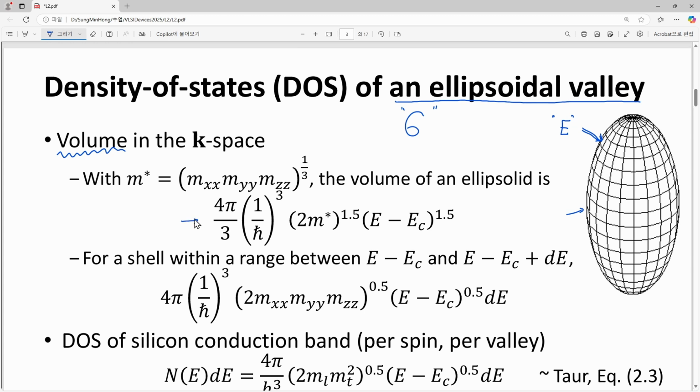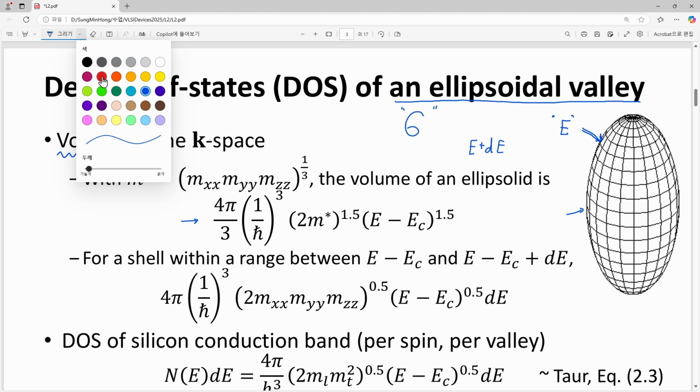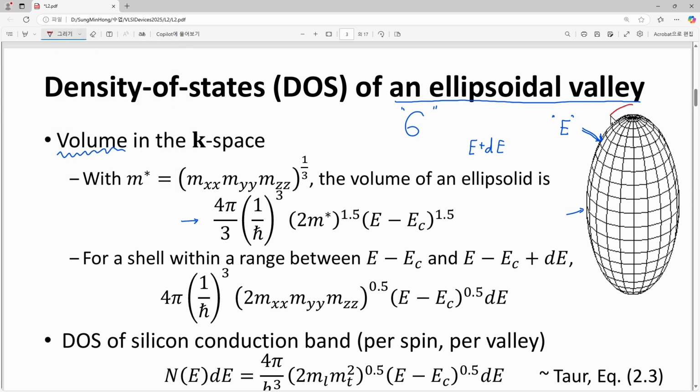So anyway, this is the k-space volume corresponding to this ellipsoid, and if we increase the energy a little bit, to E plus dE, then what will happen? We can easily understand. By increasing the energy value, we will have a slightly expanded version of this ellipsoid.